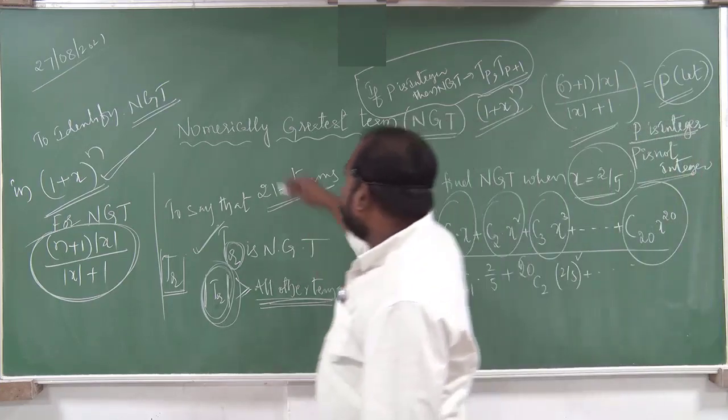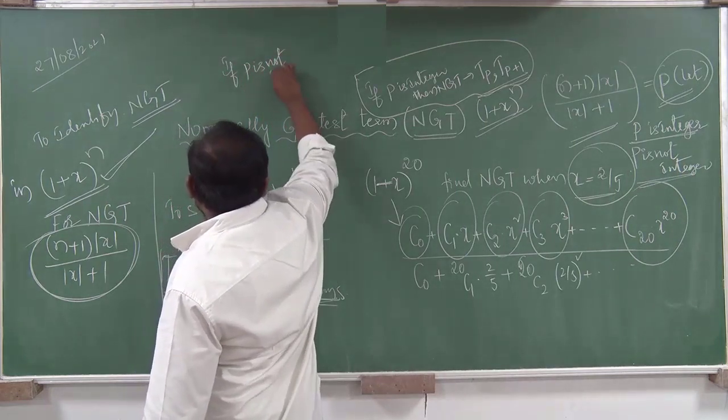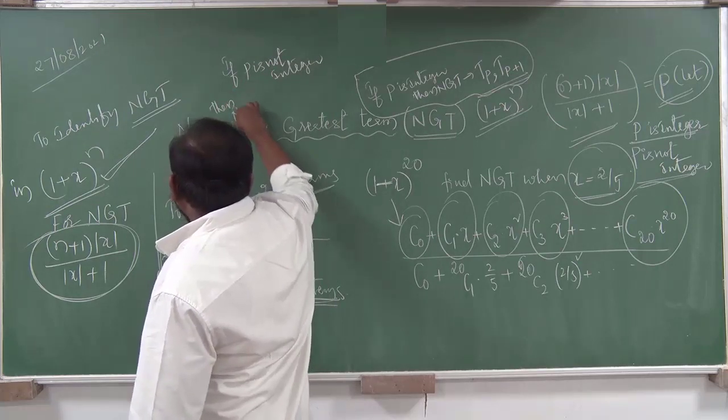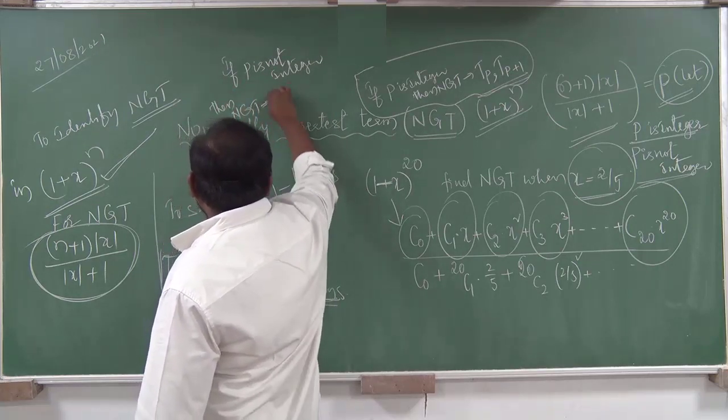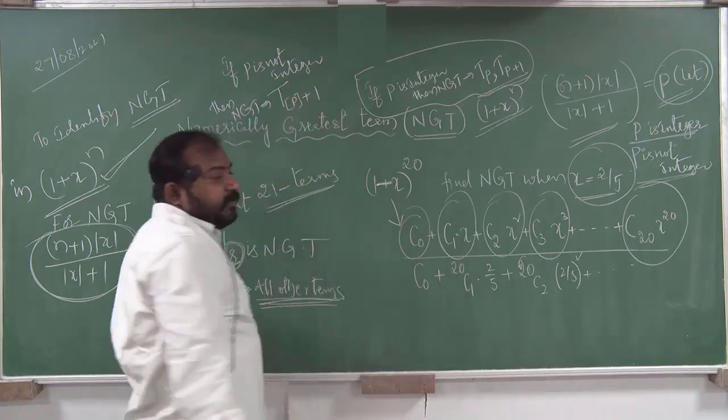If p is not an integer, then the NGT is given by T of [p] + 1, where [p] is the floor of p.